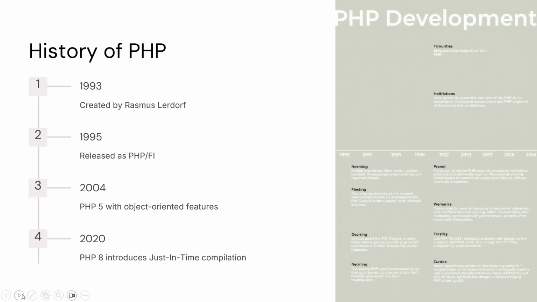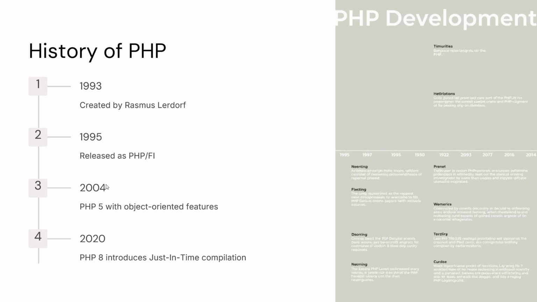History of PHP. PHP was created by Rasmus Lerdorf, a Danish-Canadian programmer in 1993. In 1995, Rasmus released PHP, which combined his tools with support for form handling and database interaction.